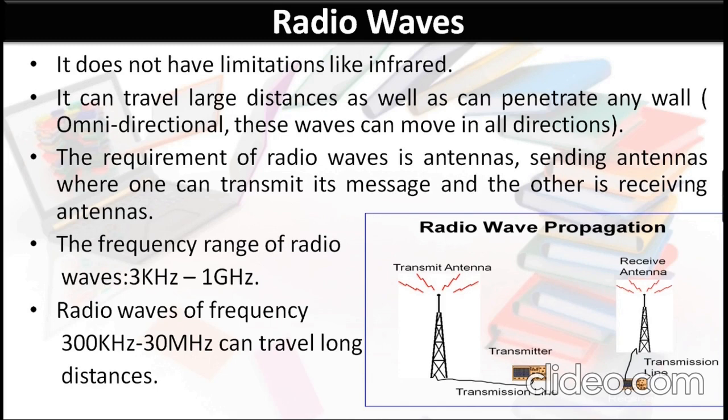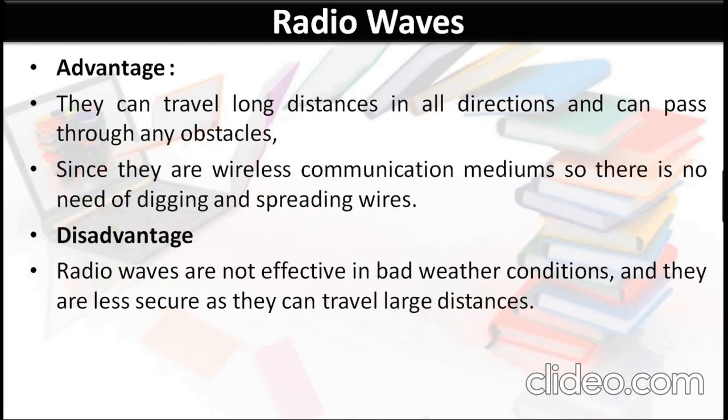The main advantages of using these radio waves are that data can travel for longer distances, and it can cover all directions, omnidirectional, so we can access the data. It can pass through any obstacles. So if there is a wall or any other obstacle, it can cross it.